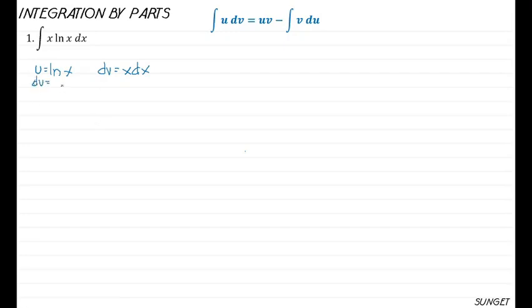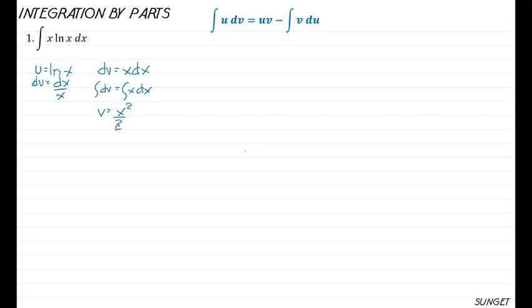So for the u part, differentiate. So du equal to dx over x. For the dv, integrate on each side. Integral of dv equal to integral of x dx. So that is v equal to x squared over 2.